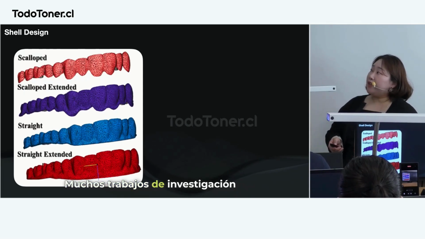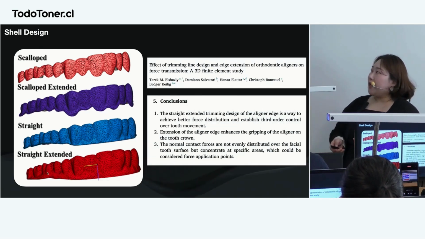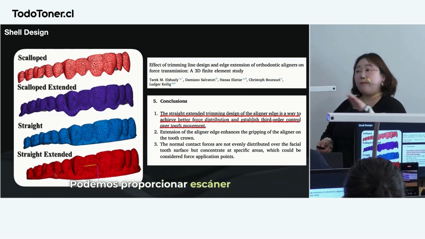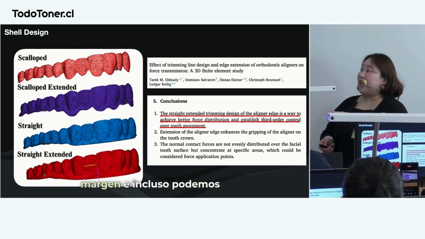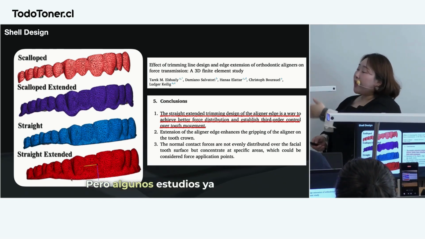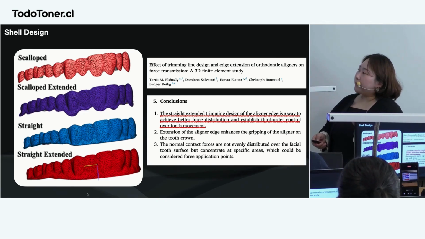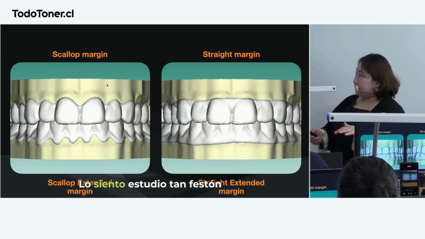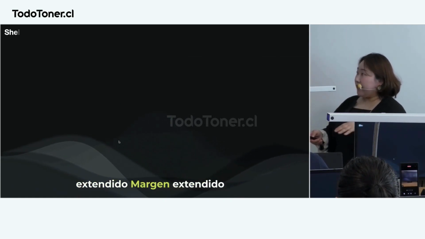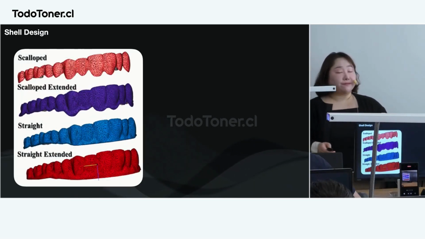There is much research on the shape memory aligner system. We can provide scallop margin, straight margin, and even extended margin. Some studies already have results: scallop extended margin is good for tooth movement.